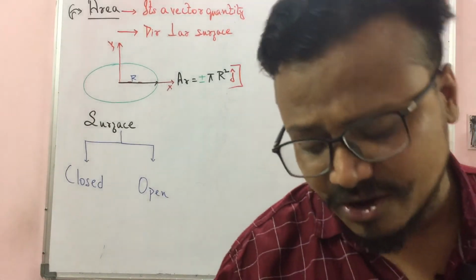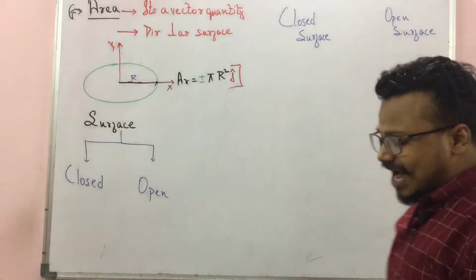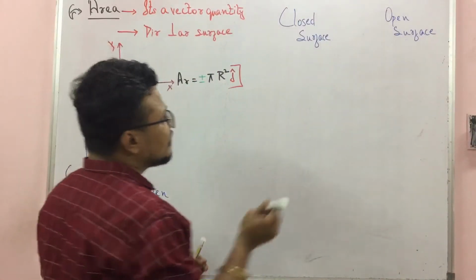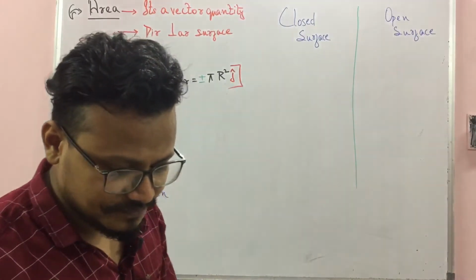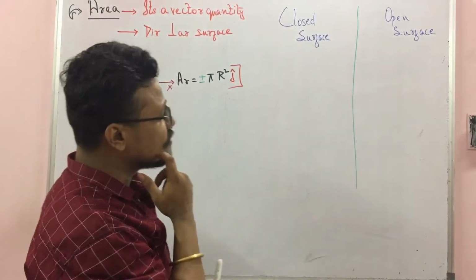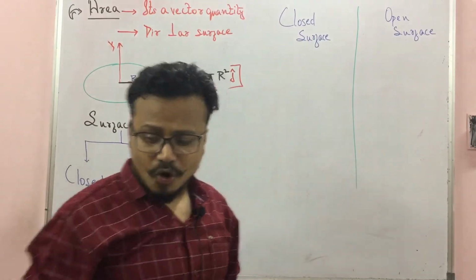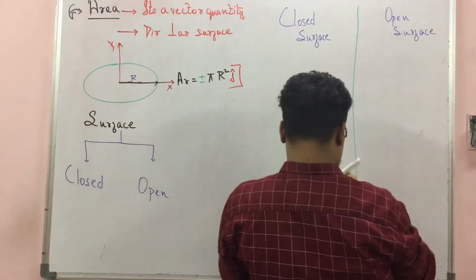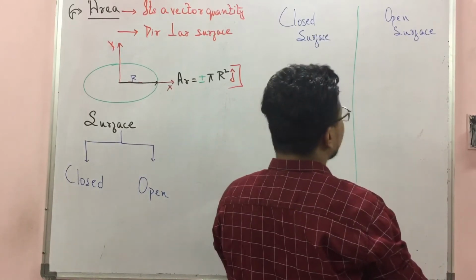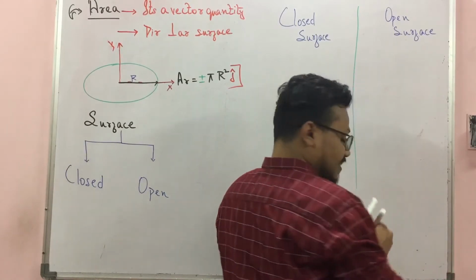How the direction will be in a closed surface and how it will be in an open surface, we will see now. First we will go to the open surface. An open surface means something like a disc. I kept it like this.